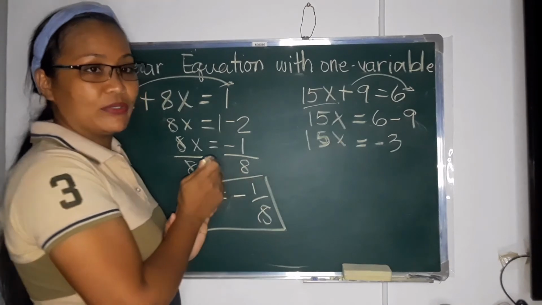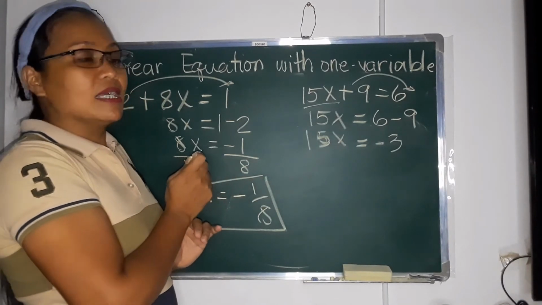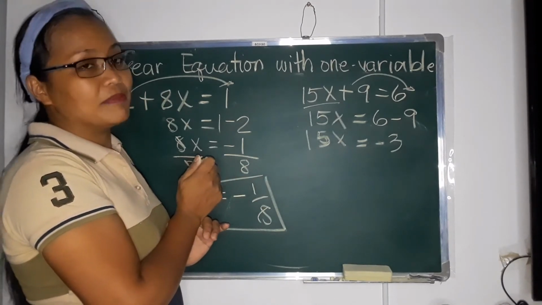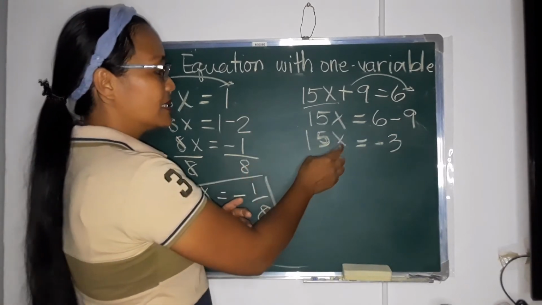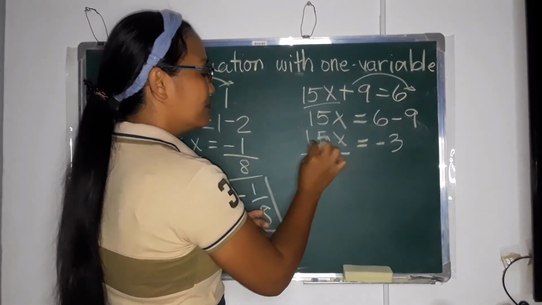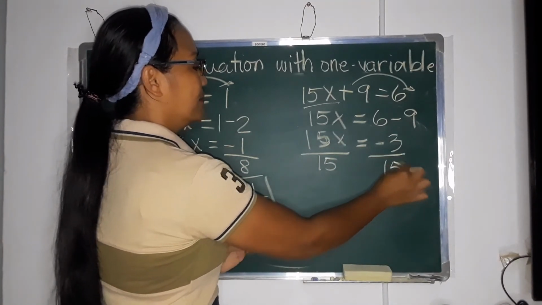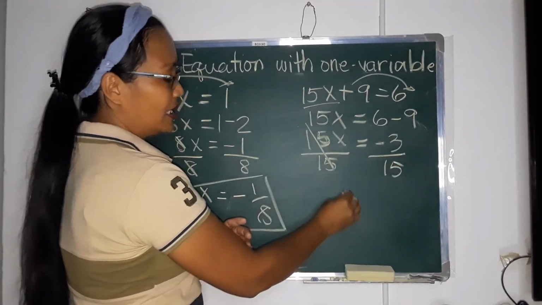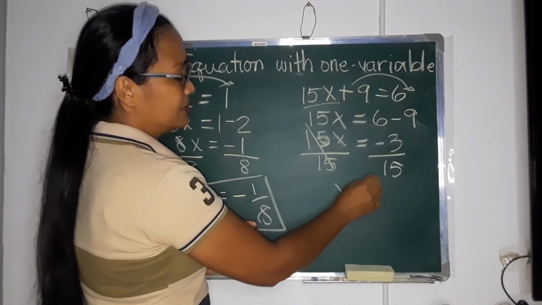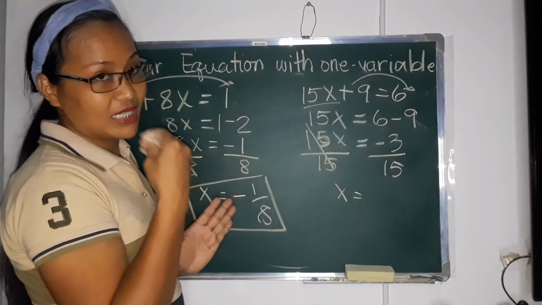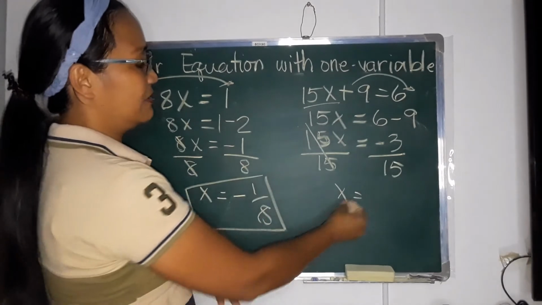Then next, we're going to divide both sides by the number beside the variable, which is 15. So cancel. Then we have x is equal to negative, since negative divided by positive again is negative.